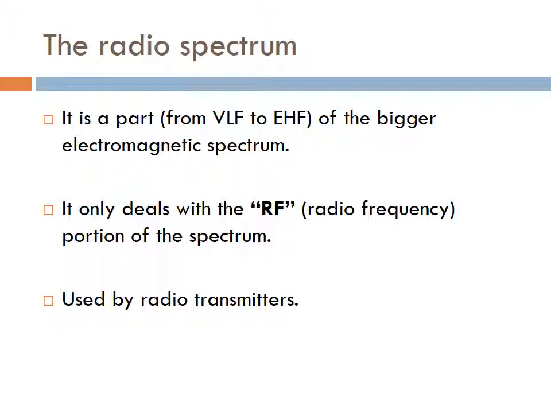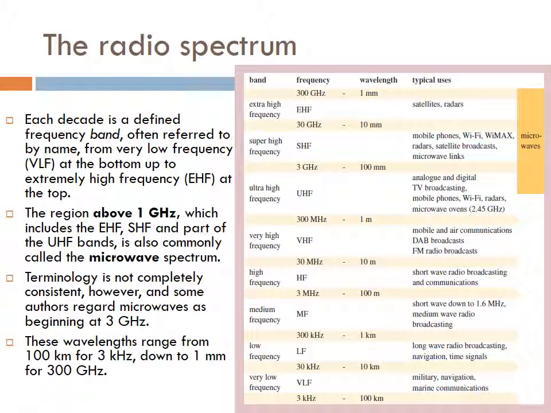So we'll have the frequency bands used for wireless communication from very low frequency to extremely high frequency, and it only deals with the RF, meaning radio frequency, portion of the spectrum. So each decade is defined by a frequency band, often referred to by name, from very low frequency VLF at the bottom up to extremely high frequency at the top, as you can see here.